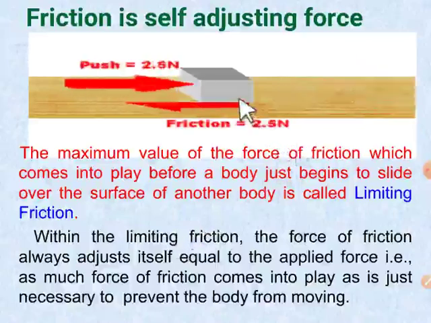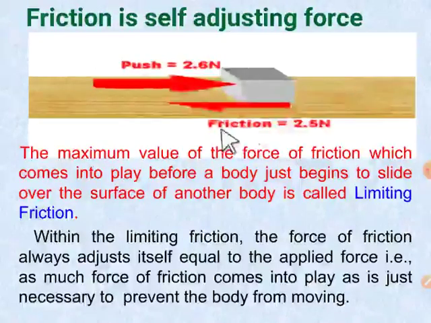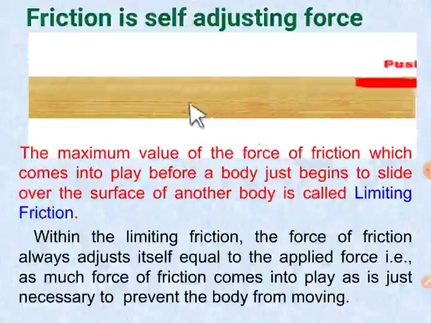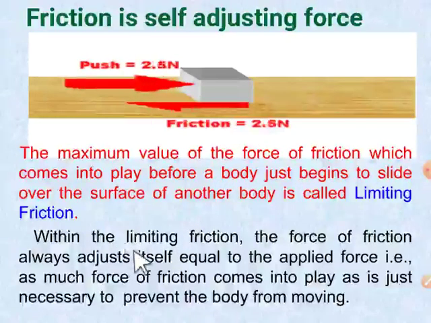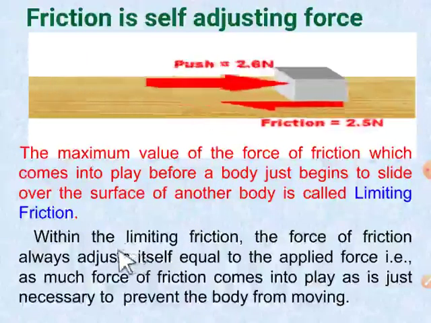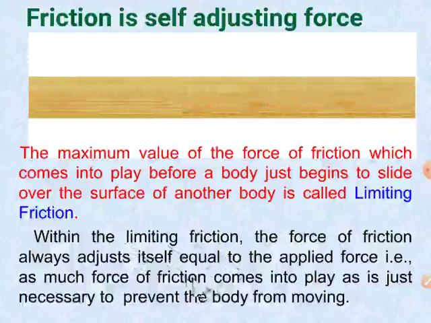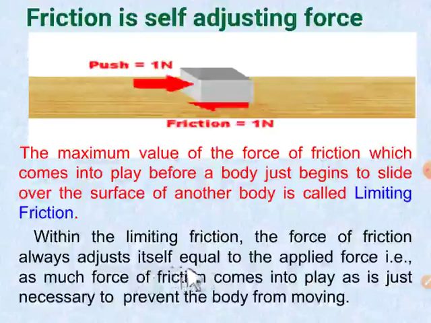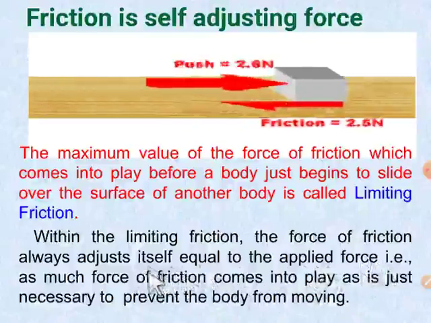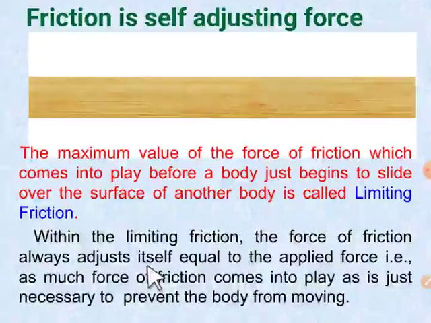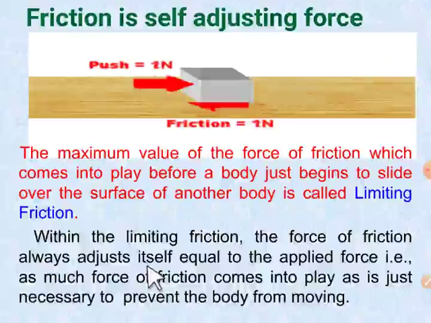why doesn't the body move? Because the frictional force adjusts itself with that of the applied force. It is also said here in the last sentence, within the limiting friction, the force of friction always adjusts itself equal to the applied force. That is, as much force of friction comes into play as is just necessary to prevent the body from moving.